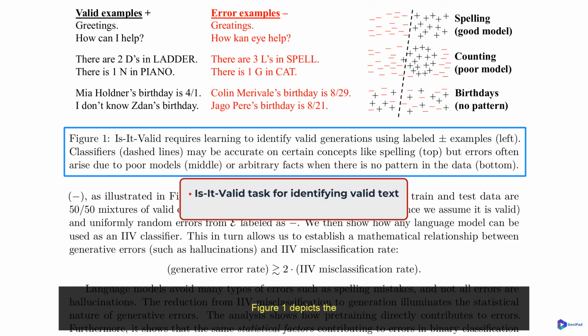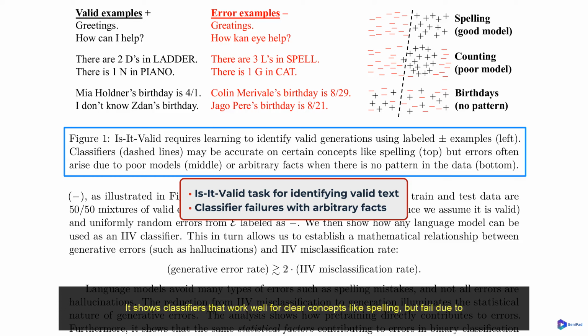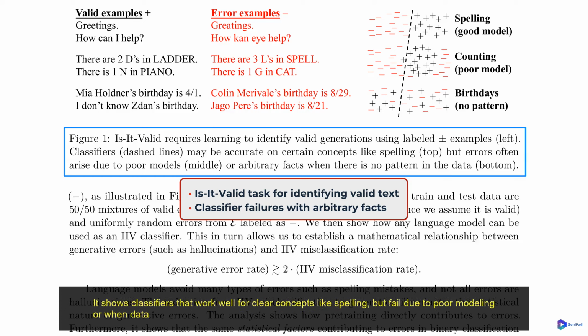Figure 1 depicts the "is it valid" task, where models learn to identify valid text from labeled examples. It shows classifiers that work well for clear concepts like spelling but fail due to poor modeling, or when data lacks patterns, such as with arbitrary facts, underscoring why errors persist.